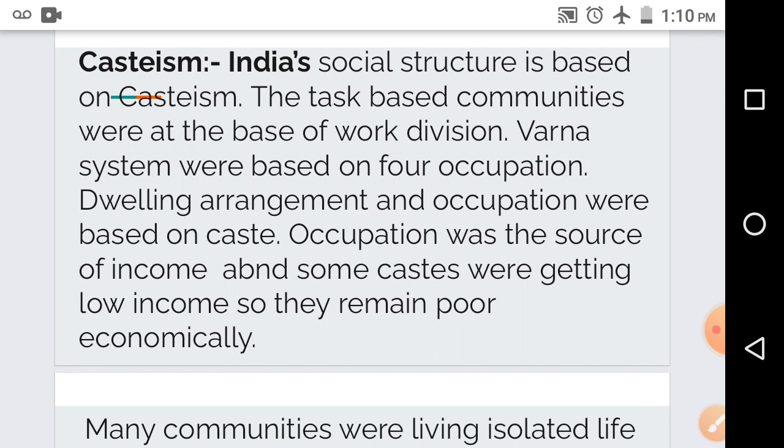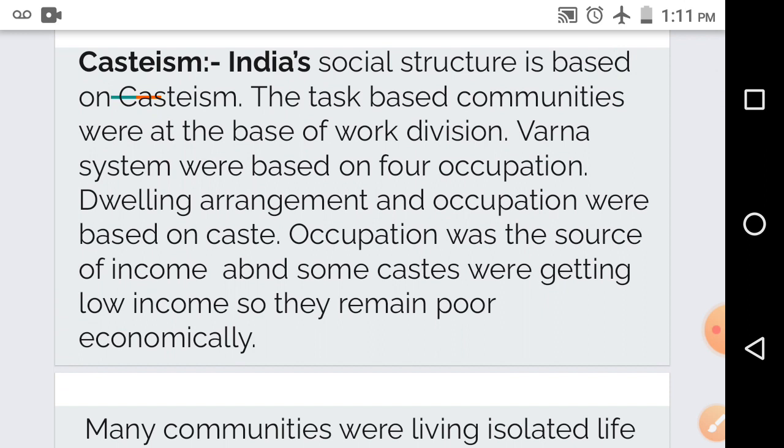According to an early hypothesis, there was a Varna system, based on four occupations. In the Varna system, we include Brahmins, Kshatriya, Vaishya, and Sudra.